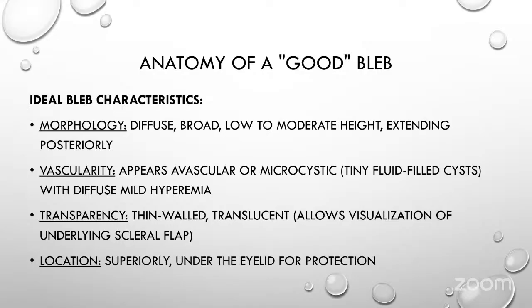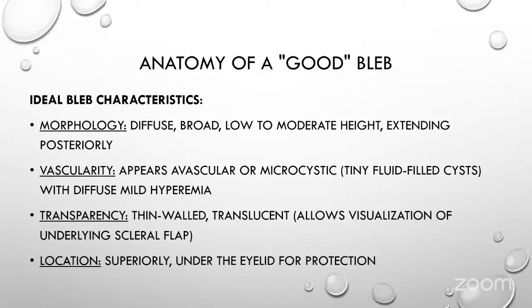The ideal bleb itself has some characteristics. So the anatomical characteristics of an ideal bleb are, in terms of morphology, it should be a diffuse, broad, low to moderate height bleb that has a good extension posteriorly towards the fornix. In terms of vascularization, it should be relatively avascular. And in a situation where you may have mild hyperemia, if you have good multi-located microcysts, it can still be classified as a good bleb.